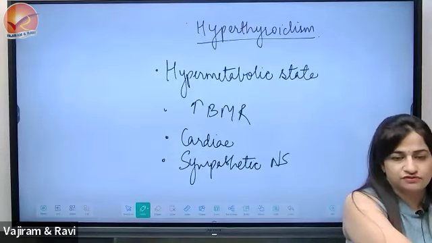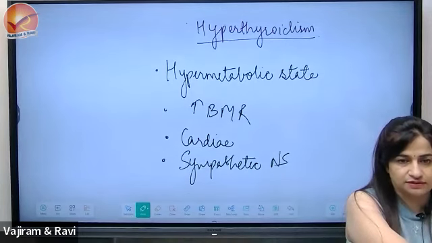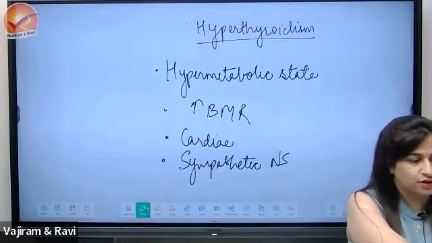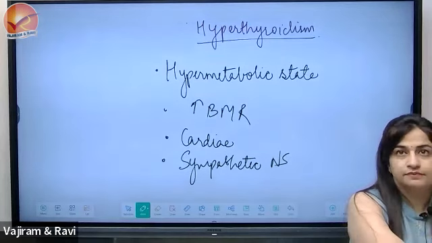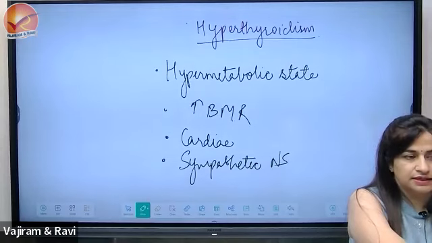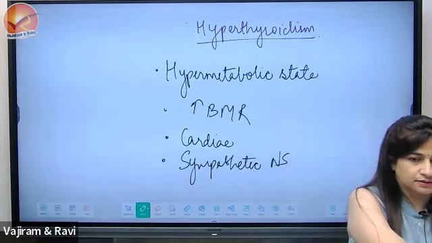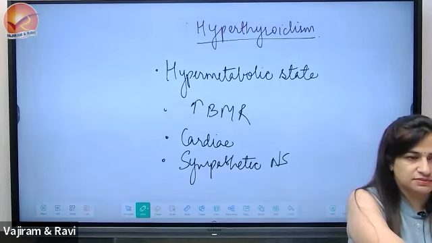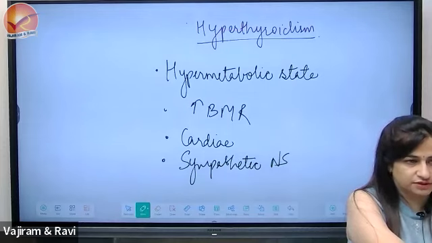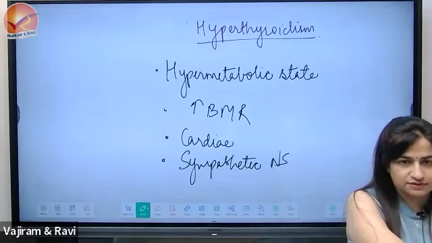Then there's also one feature in this only, just write down one more feature. There is something called thyroid myopathy, in which there is weakness and decrease in muscle mass. Now this decrease in muscle mass is due to both the catabolic effect and also the overactivity of sympathetic nervous system.